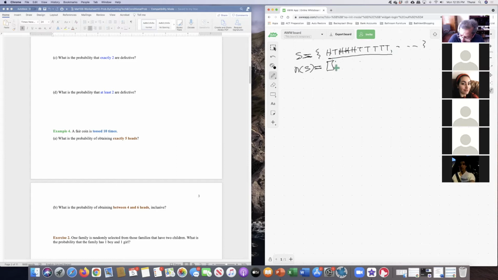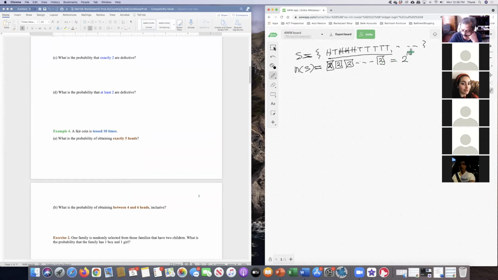So 10 boxes to fill, right? 10 of those H's and T's will be there. And how many ways are there to fill each one? 10 ways? No, 2 ways. Only H or T will go in each box. So 2 ways to do each box, and the product of that will be 2 to the 10.